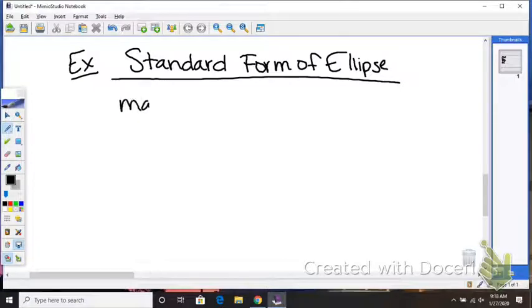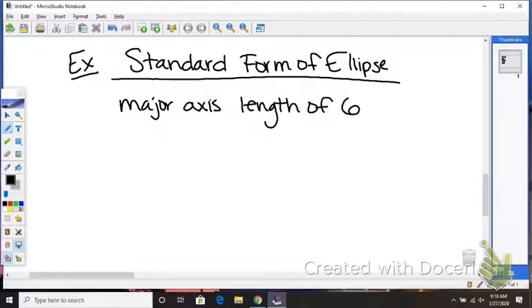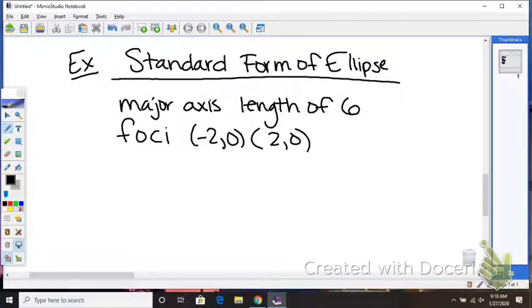The major axis has a length of 6, so the whole axis is a length of 6, from one vertex to the other vertex. And the foci are the points (-2, 0) and (2, 0).